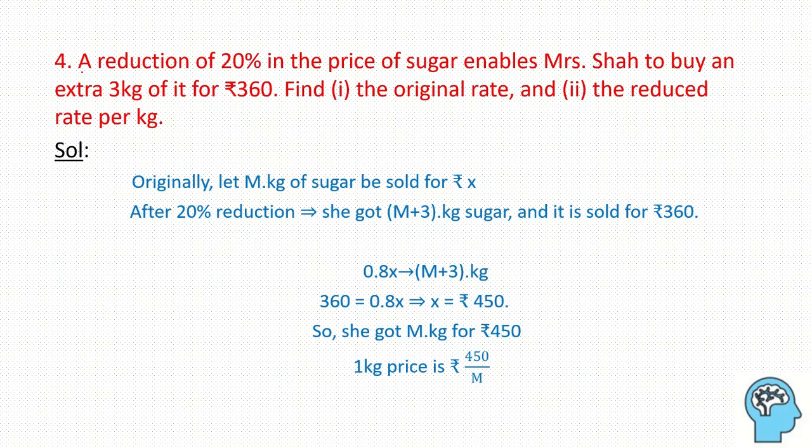The problem statement is: a reduction of 20% in the price of sugar enables Mrs. Shah to buy extra 3 kgs of it for 360 rupees. Now the question is to find out the original rate and reduced rate per kg.